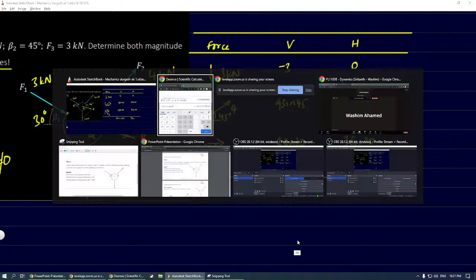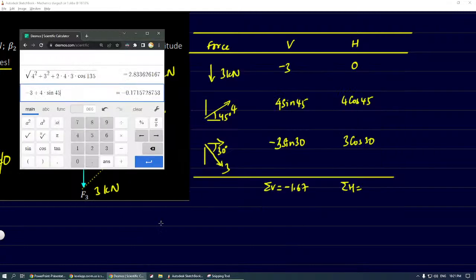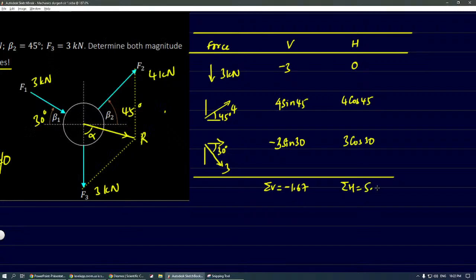What about horizontal? 4 cos 45 plus 3 cos 30 is 5.42.